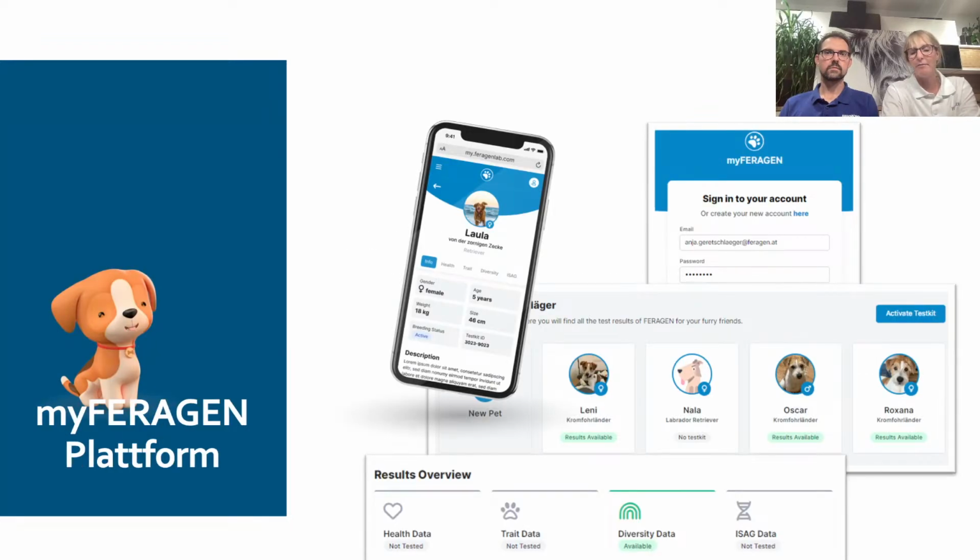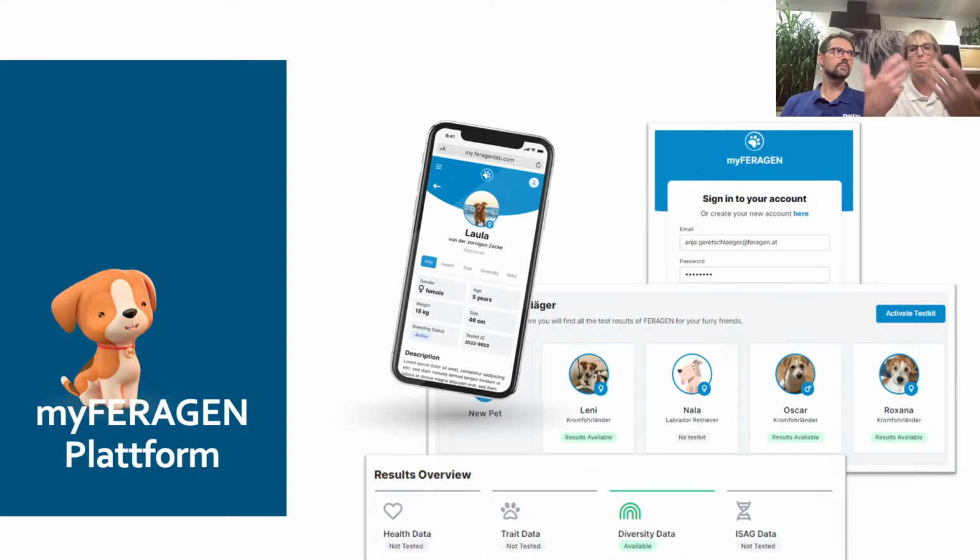So to put everything together and to make it as easy as possible for the user and, let's say, understandable, we developed a platform. It is called MyFeragen platform, where we are able to include genetic information. So this can be information about disorders and traits, because we also offer a kind of screening analysis where we analyze a lot of different genetic disorders and traits.